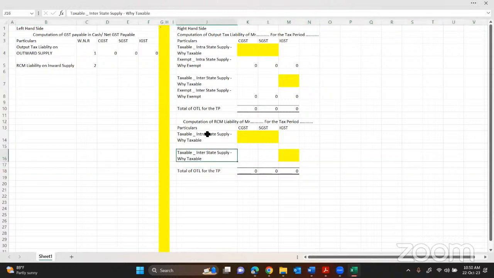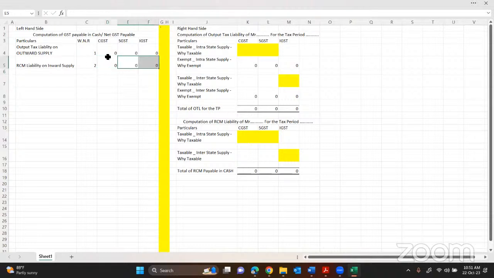So only taxable interstate will be there. So you will have to just add those line items and you just have to present it. And again, this will be the total of RCM payable in cash. Remember, RCM is always to be paid in cash. So you need to substitute these figures over here.